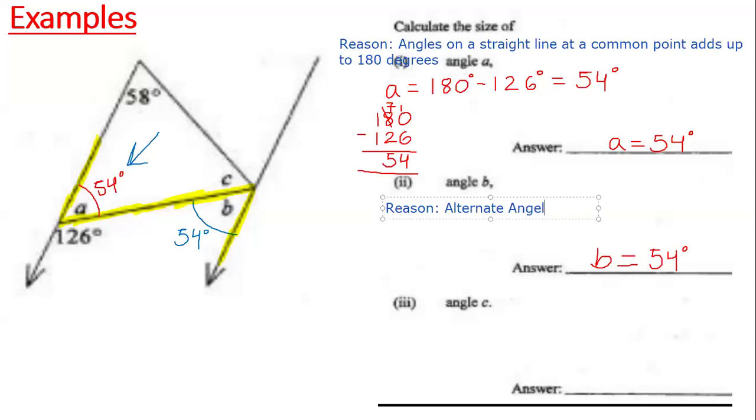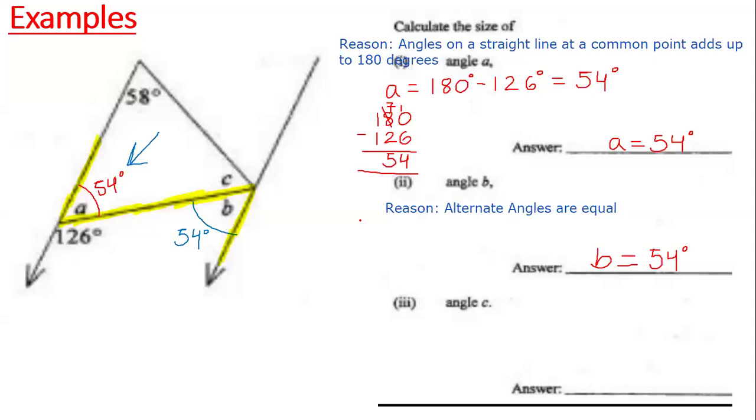Alternate angles are equal, and what shape do they form? A Z shape. Okay, good. That one is easy. Any questions on that one? Let me know if y'all understand how we got 54 for B. Yes, that one was very easy, Mr. Petit. Pretty straightforward.